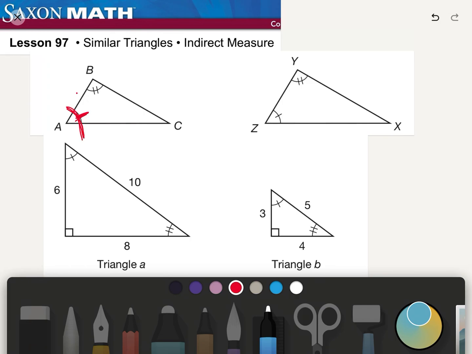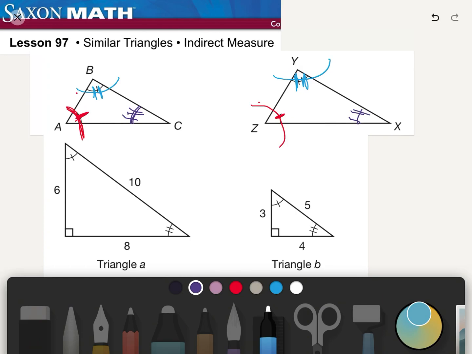So we can use that to see that this angle on this triangle is the same as this angle on this triangle. And likewise, these are the same too. So that also means the last one has to be the same too, because they all have to add up to 180. So here, I'm gonna add a little 3 one here.